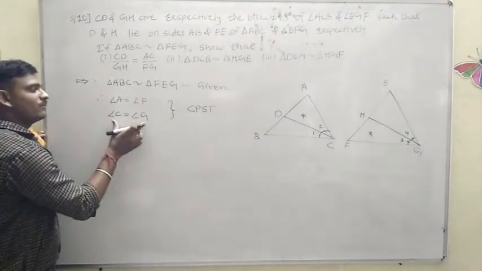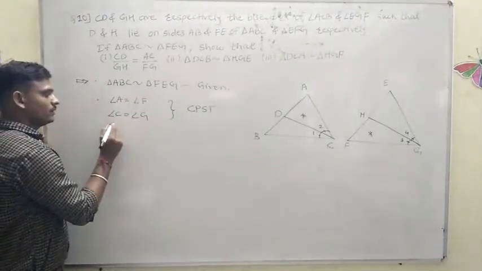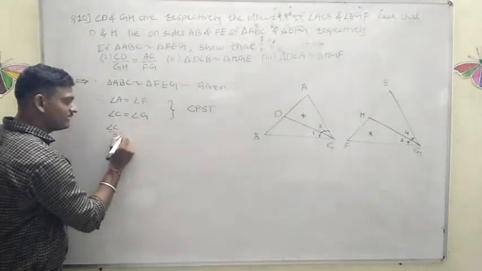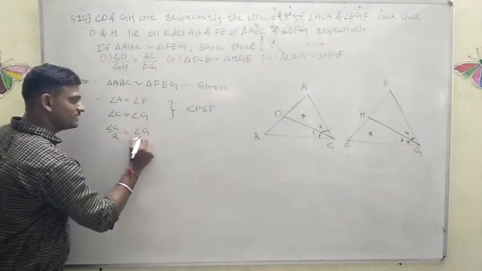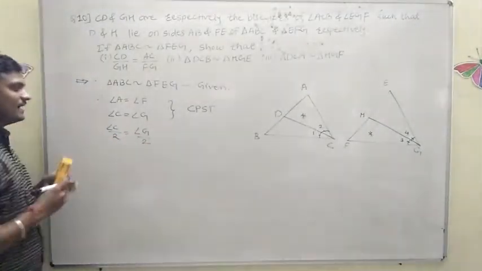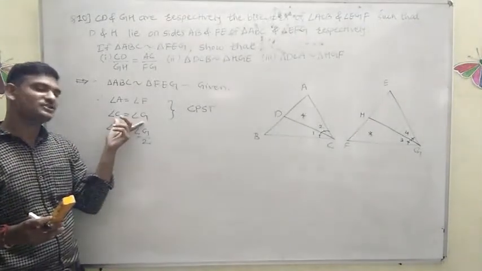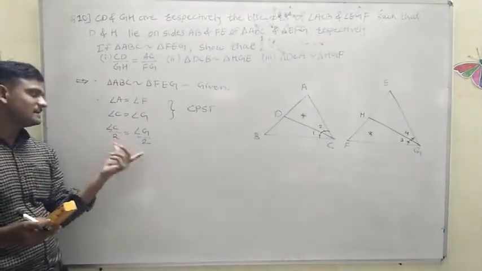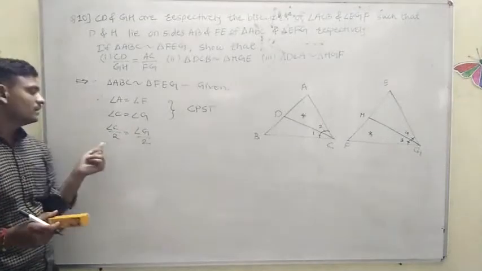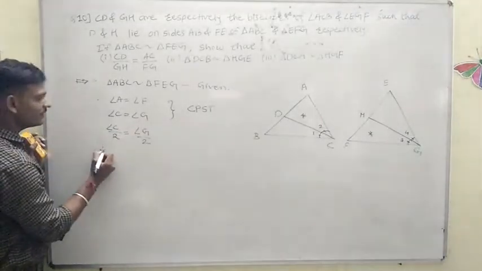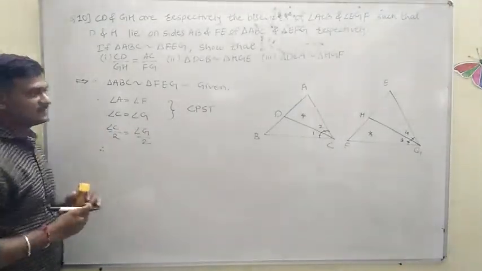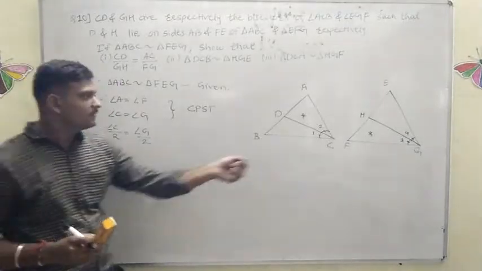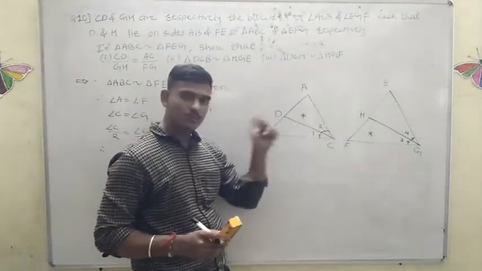Now, if I divide both sides by 2, we get angle C divided by 2 is equal to angle G divided by 2. Angle C divided by 2 means half of angle C, which is equal to angle 2.